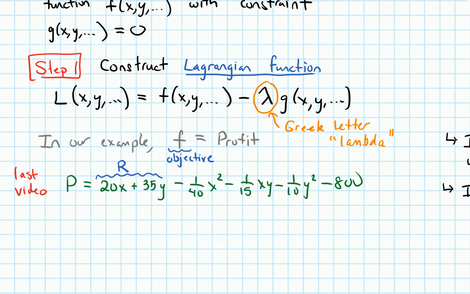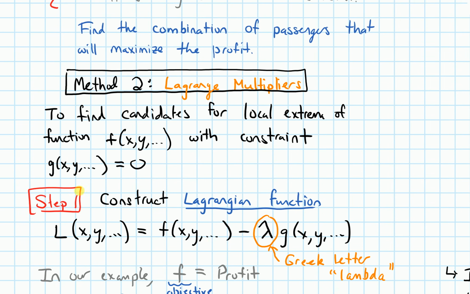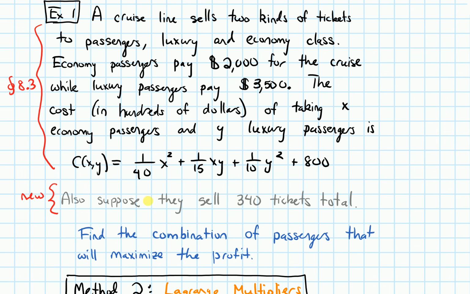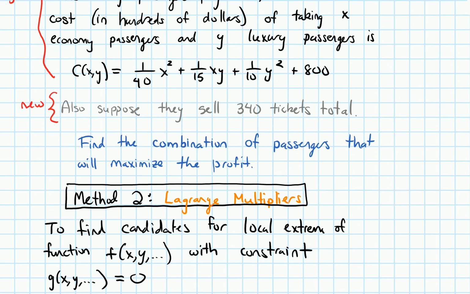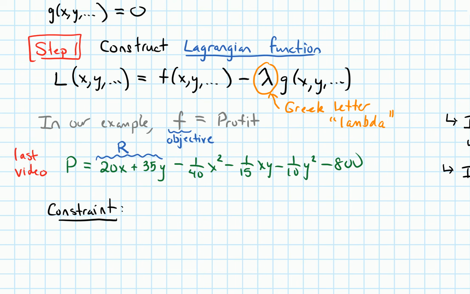So what is our constraint now? The constraint in this question, and we had written this down in the last video as well, is coming from the fact that they sell 340 total tickets. So if I write that down as an equation, x is the number of economy tickets, y is the number of luxury tickets. If you add those together, that needs to be 340. That's our constraint equation.